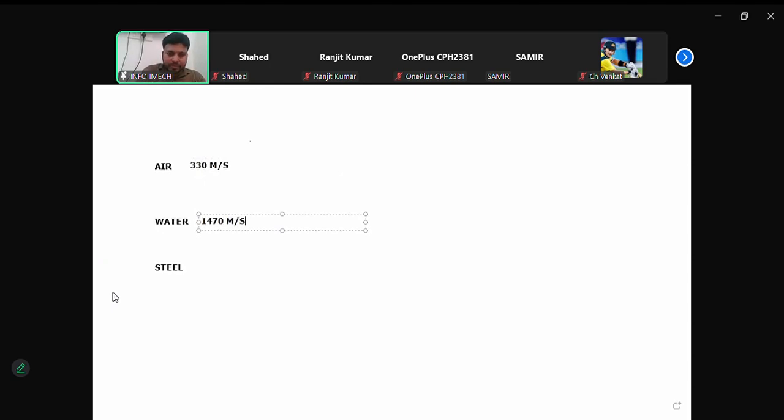Steel, 5920 meters per second. So these are the velocities: this is the medium, this is the velocity.